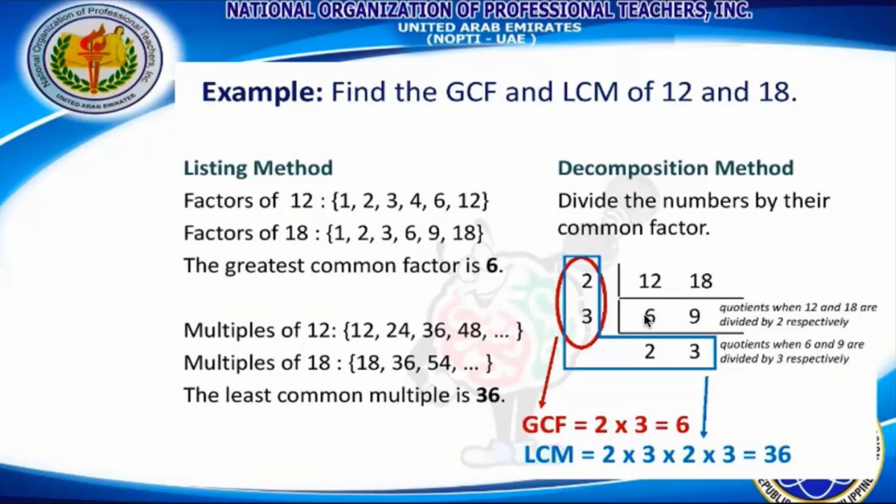So, kaya nilagay dyan 2 and 3, 2 and 3. So, when you copy all these multiples, then that becomes the LCM 2 times 3 times 2 times 3, that is 36. Grade 6 topic yan. Diba? Bago kayo mag-fraction, bago ano tawag doon, operations, kailangan itong mga greatest common factor, least common multiple.